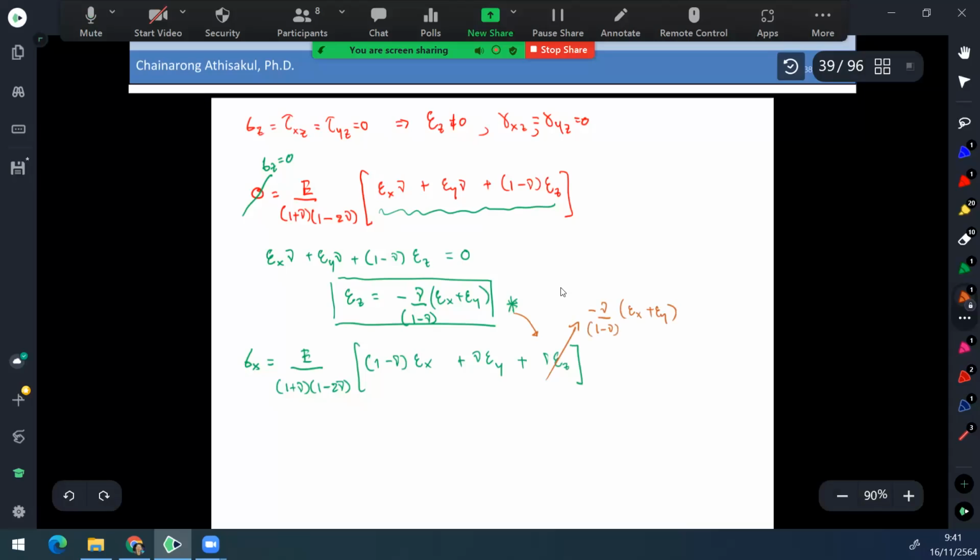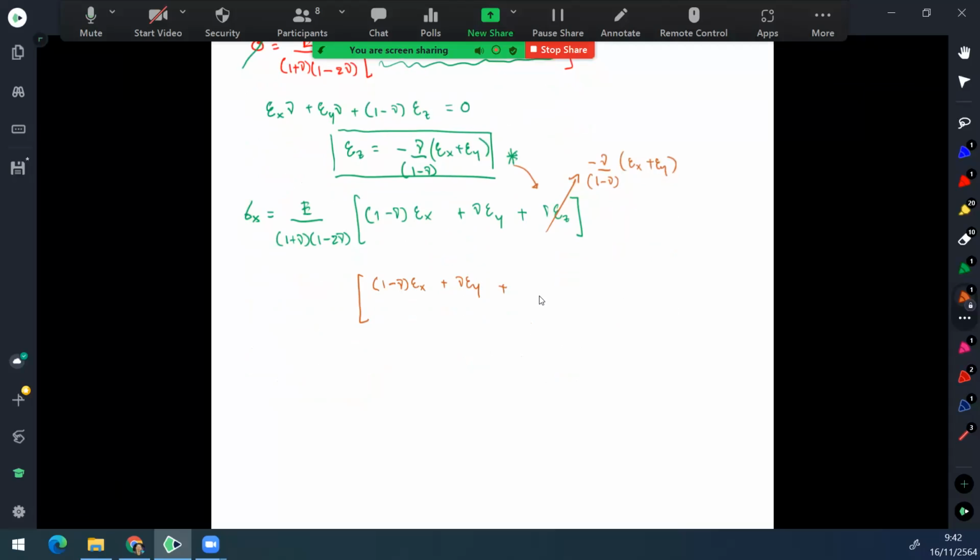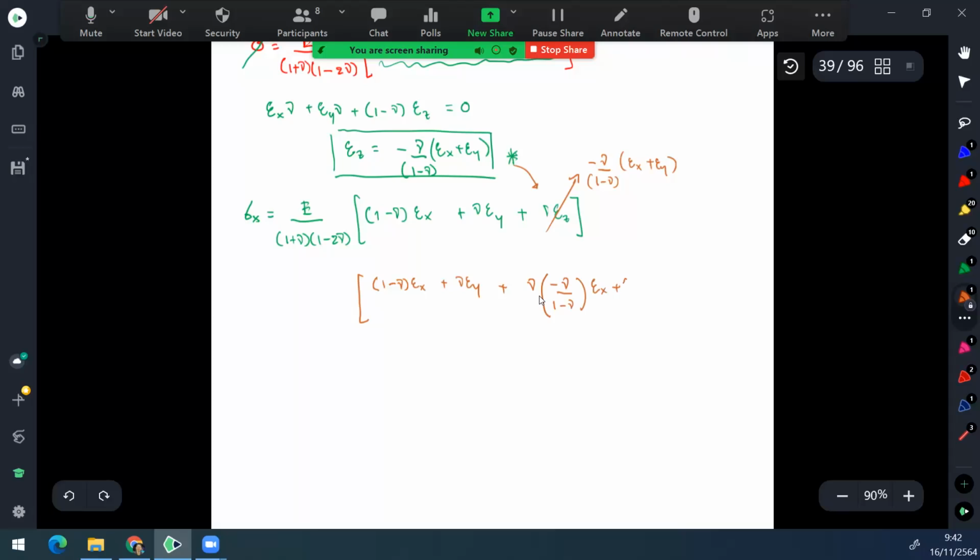If we consider just the term inside the bracket, it becomes 1 minus nu epsilon x plus nu epsilon y plus nu epsilon c, which becomes minus nu divided by 1 minus nu, epsilon x plus epsilon y.